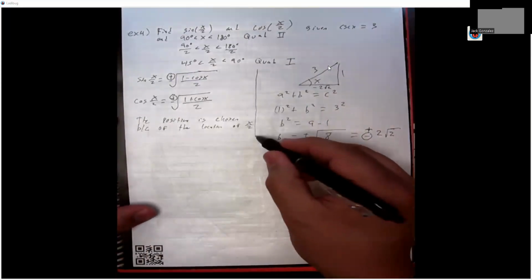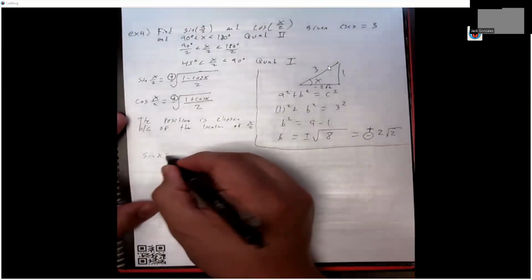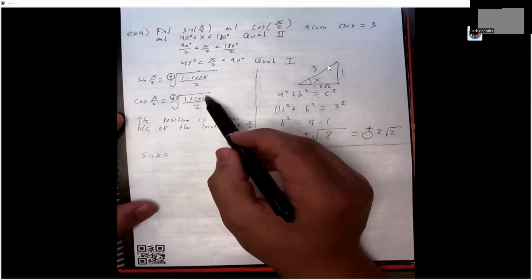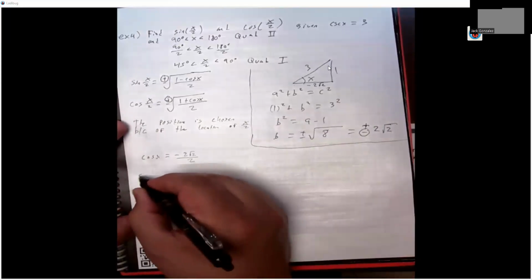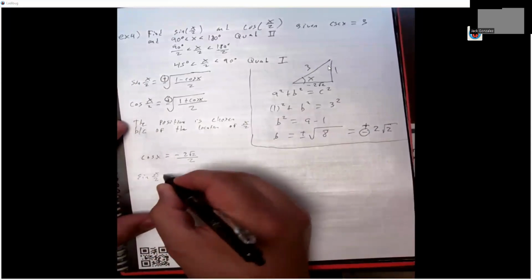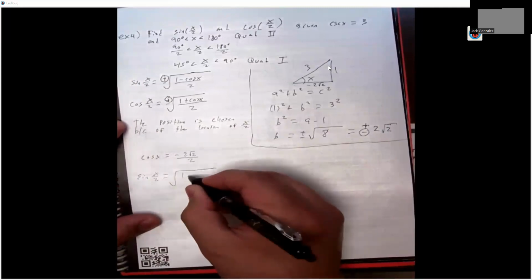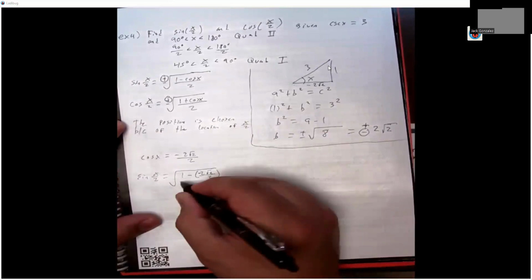So now we can answer the question. Let's scratch over here. Sine x is equal to, I don't think I need it actually. I just need cosine. Cosine is equal to negative 2 root 2 over 3. So sine of x over 2 is equal to positive square root of 1 minus, plug in that negative 2 root 2 over 3, over 2.